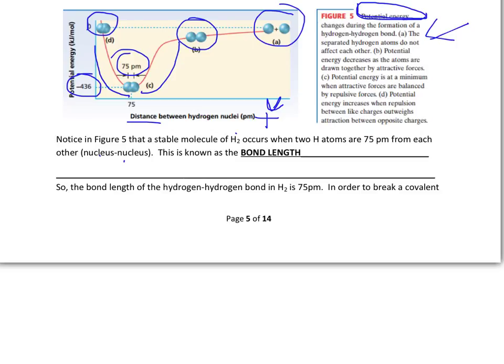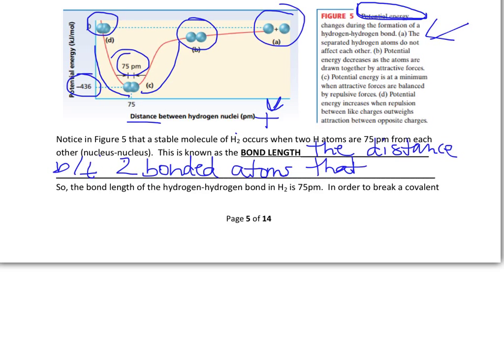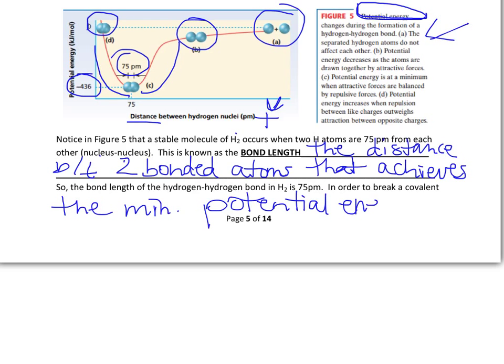This is known as the bond length, which is the distance between two bonded atoms that achieves the minimum potential energy.